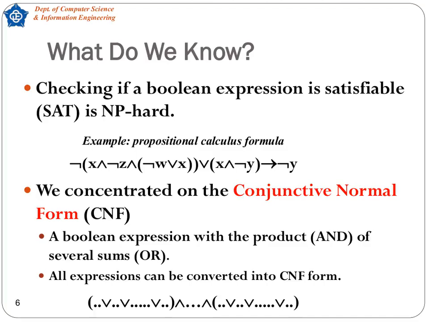To keep things manageable, we focus on expressions in conjunctive normal form, or CNF. In CNF, a formula is structured as a conjunction, a product, of clauses, where each clause is a disjunction, a sum of literals. The key insight is that any Boolean expression can be transformed into this standard form, allowing us to apply consistent solving techniques.